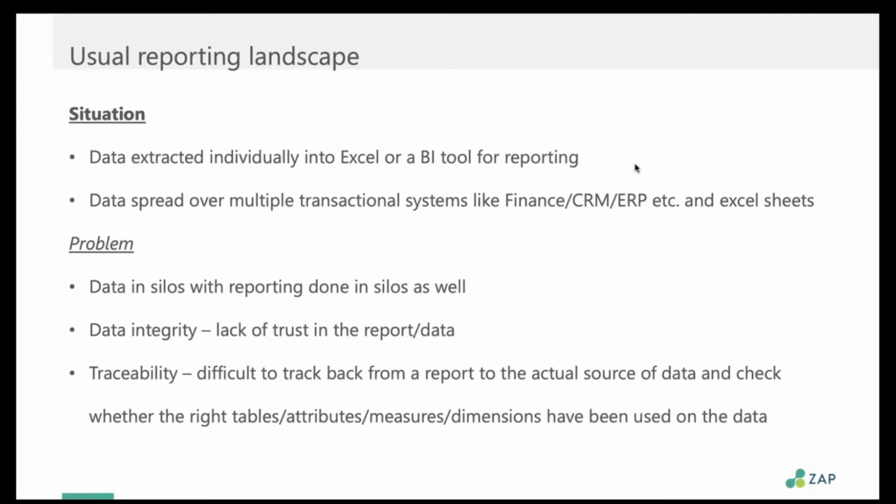How do you trace back a value or a number on a particular report or dashboard and work backwards to the right table, the right attribute, or the right dimension within your source system and say, yes, I can see the end-to-end process, and I trust this is working the right way? These are the problems we see on an ongoing basis.